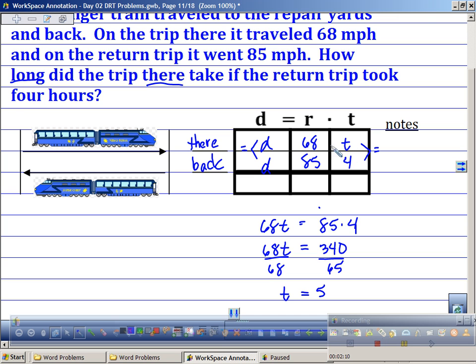What's 68 miles per hour times 5 hours? We just figured out T was 5, right? What is that? 340.